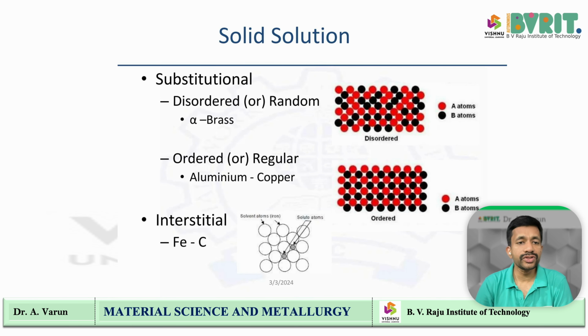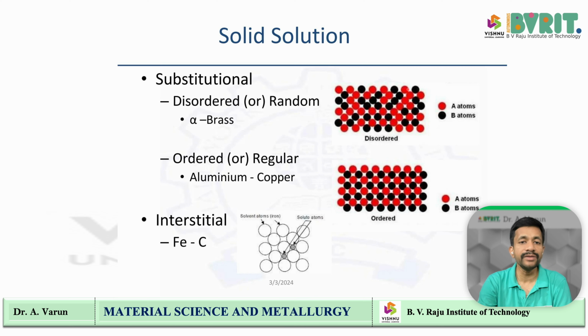And when it comes to solid solution, like we discussed, there are two types. One is substitutional type, and another one is interstitial type. When it comes to substitution, the substitution of element A and element B may be either in an orderly manner or disorder. When I say disorder, you have a very random nature of the substitution taking place.